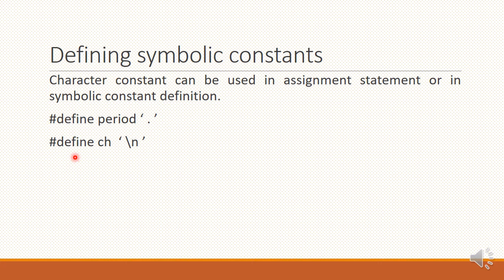Try to remember; please read the PPTs and listen to the video, it is very important. You learned define in the structure of a C program. In define also you can use the character constant like this. The assignment statement you will come to know in the coming videos.